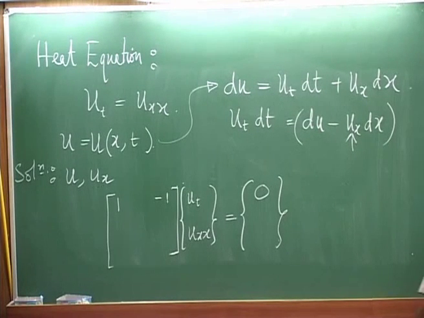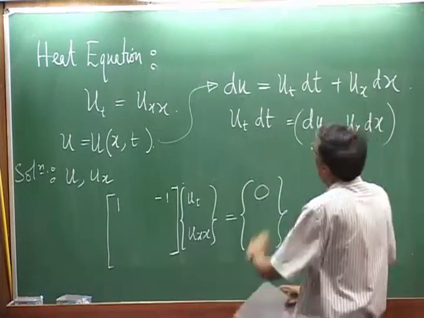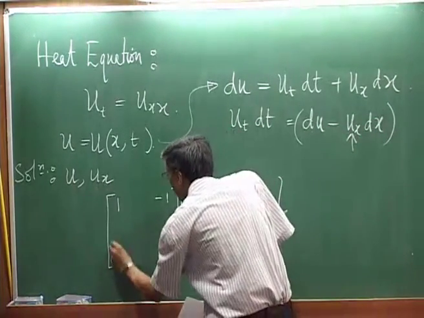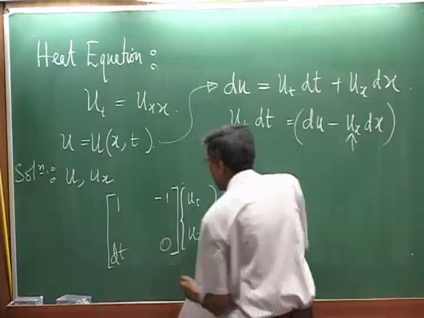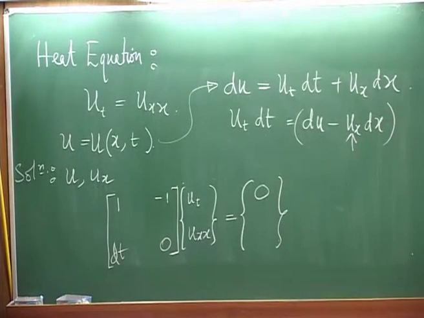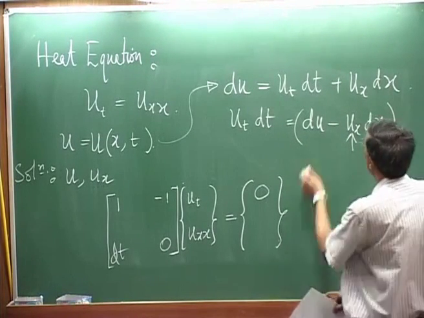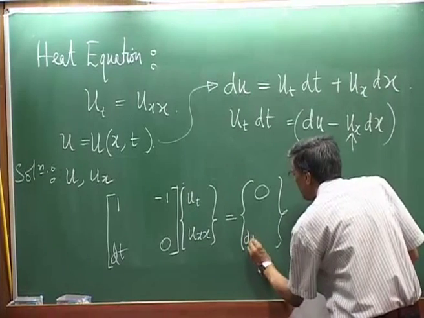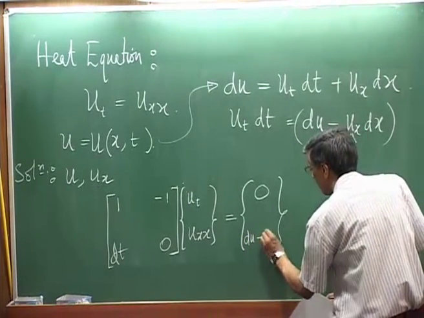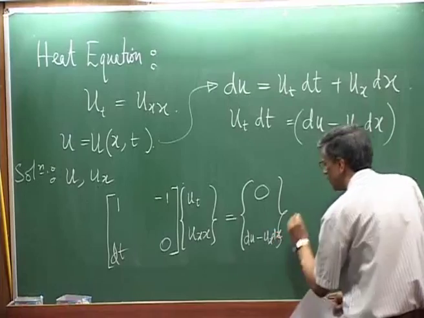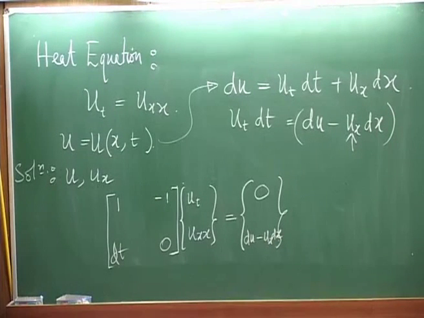So, you would write this equation as here dt, and here of course is 0, and on the right hand side, we will have du minus u x dx, right.